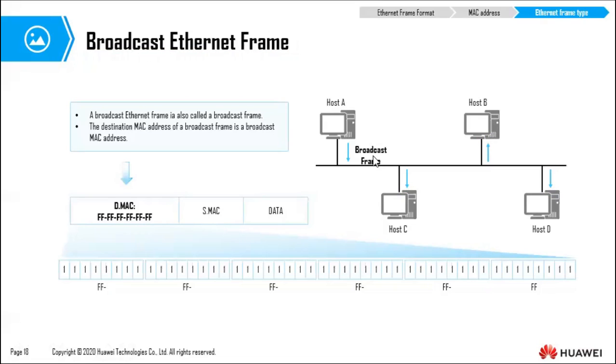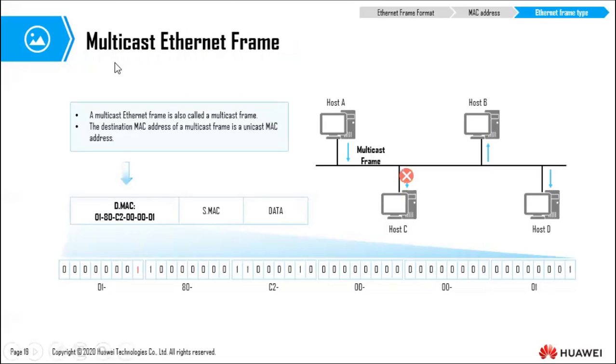Then we have multicast. Multicast is one to a group. Multicast is used to decrease the bandwidth utilization that is caused, for example, by broadcast. We've already seen one application of multicast. We talked of OSPF using a multicast address, so that we don't send to everyone.